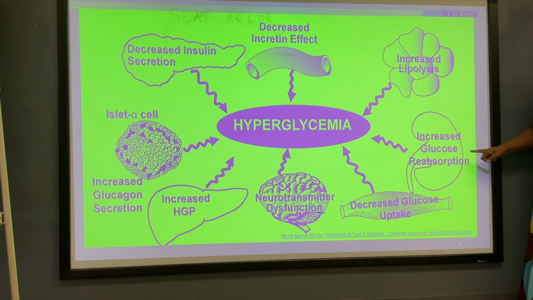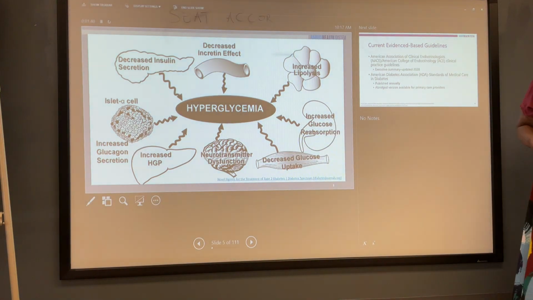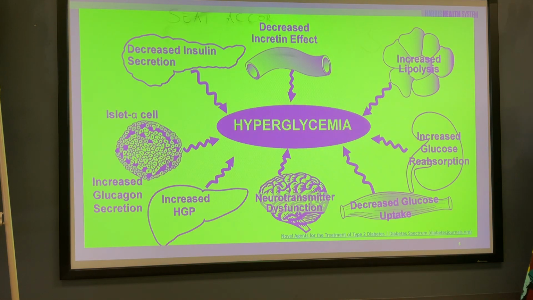Or we have the kidneys that are reabsorbing sugar instead of excreting it. Or maybe the incretins in the tummy are not producing the hormone to help lower blood sugars. Or your liver is constantly producing sugar. And all of these multi-pathophysiologic processes lead to hyperglycemia, or elevated blood sugar in your body.